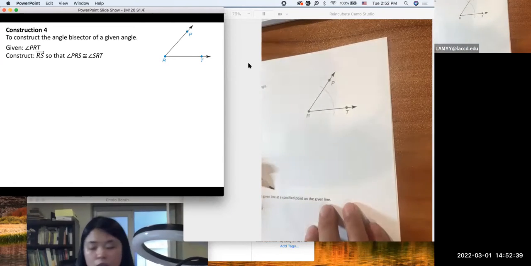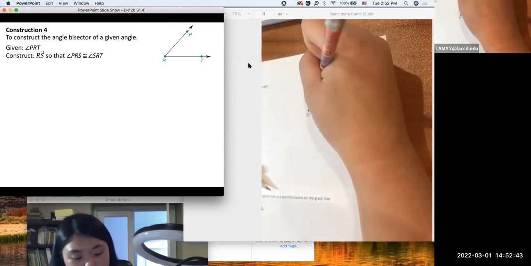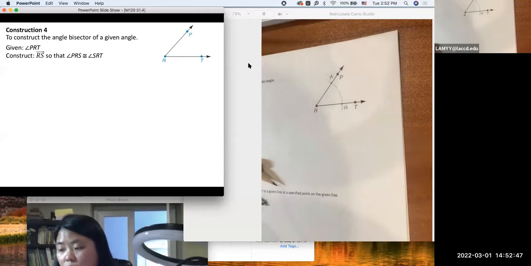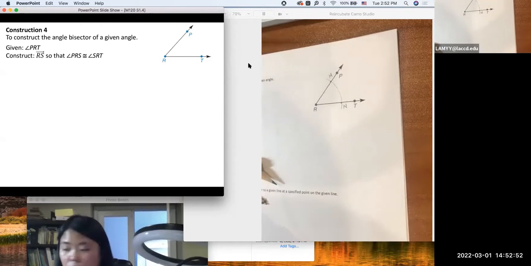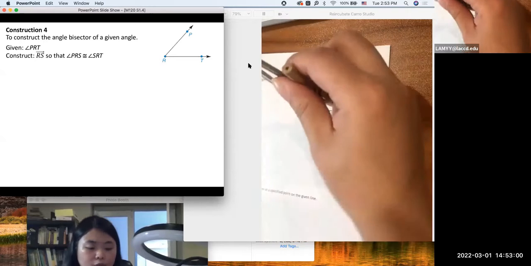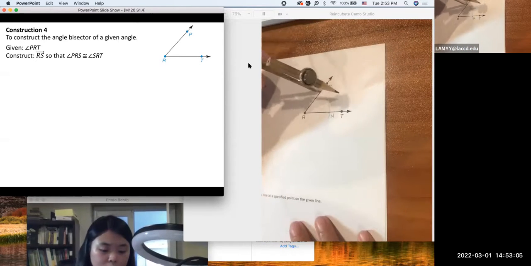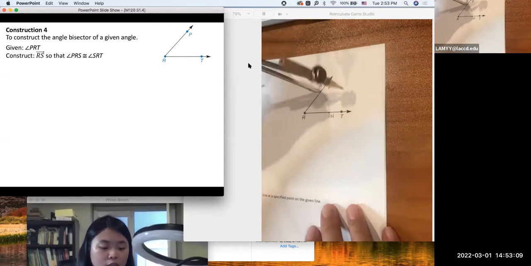This one, I will call M and N. Second step, I'm going to point it to my M. It's approximately in the middle here.